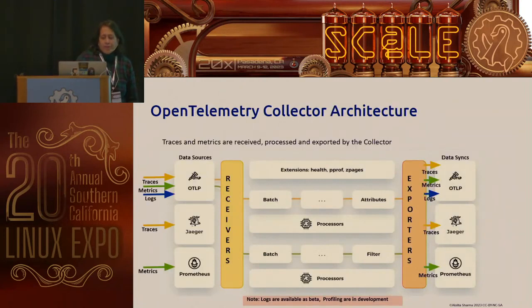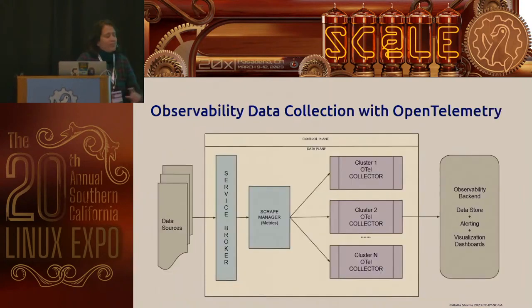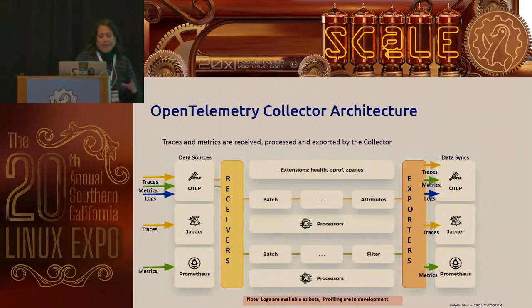All right, so just for those of you who are super interested in the collector's innards, each one of these collectors, as you saw, the purple boxes there, you can deep dive into them, and this is how it looks internally. The collector is a very composite architecture because it has several components.